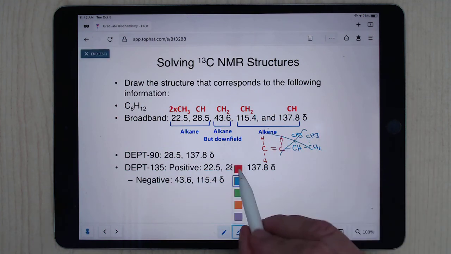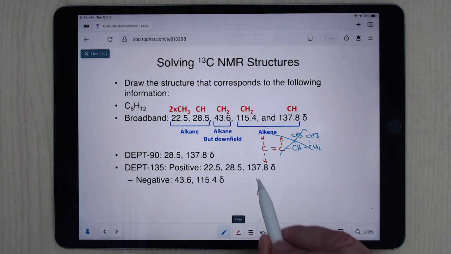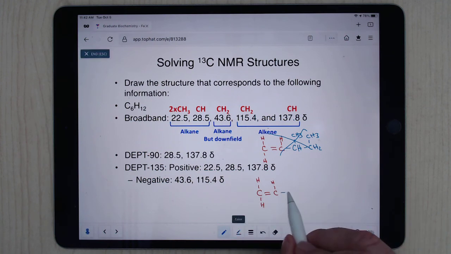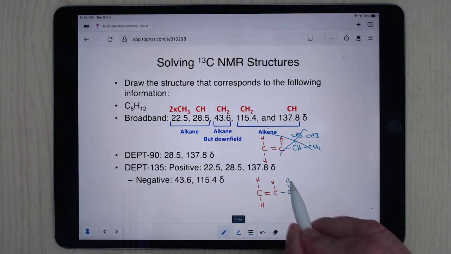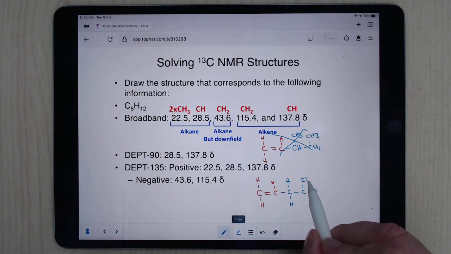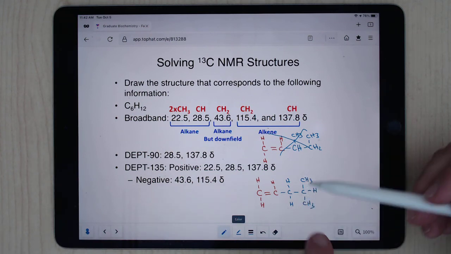So let's try this again. Let's try it this way. Let's try putting a CH2 here, and then the CH. We can't have the CH3 in the middle because that's its 4 bonds. So now we can put CH3, CH3. Aha!